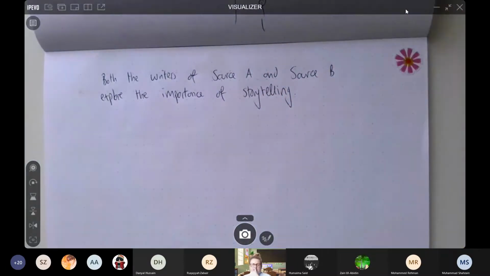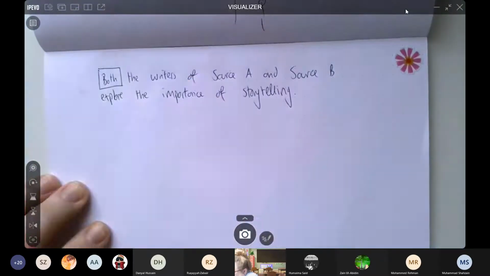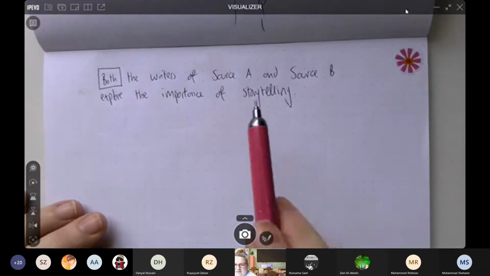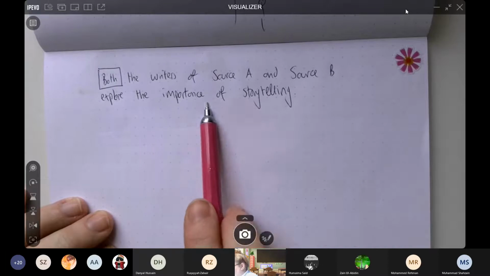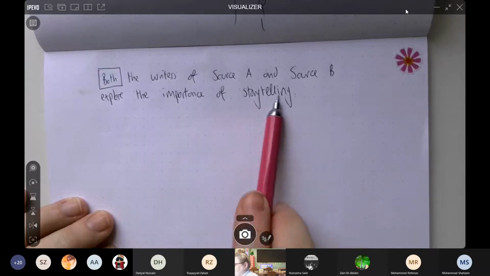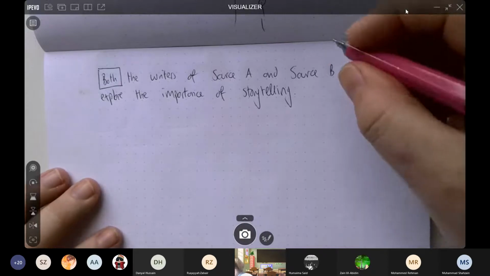So that's my introductory idea that links my ideas together. By using this word both, it means that I'm doing a bit of comparison. It means that I'm going to remember to talk about source A and source B. And then here, the importance of storytelling. Well, that reminds me of the exam question that I'm trying to answer here.